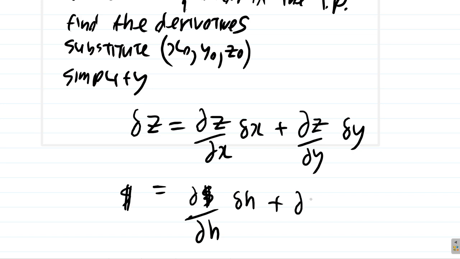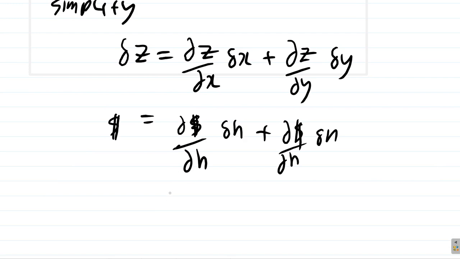So if you are being paid, let's say $1,000 per hour, and you work for 3 hours, you will get $3,000. So you get the idea, all right?